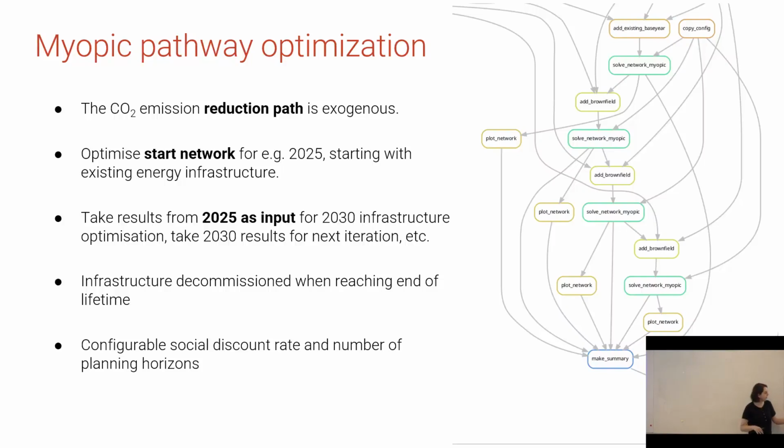And then when we are adding costs at different planning horizons, you need to have a social discount rate. For the myopic, this is a variable that you select in the config file. I think the default is 2%. You can select any different value.